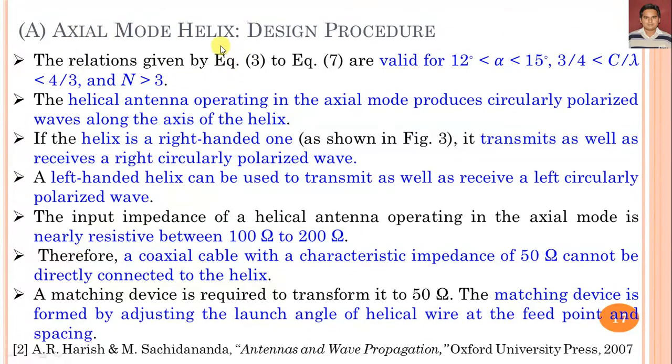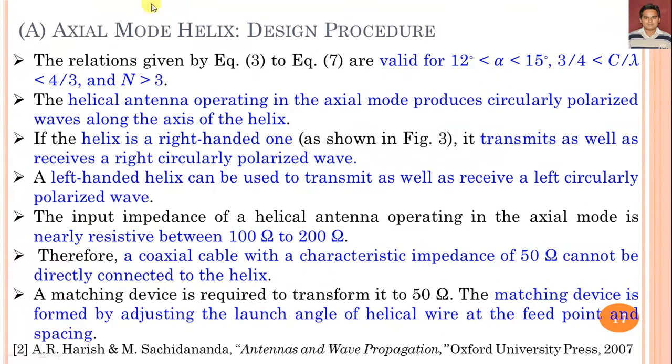The relations of equations 3 to 7 are valid, as we have discussed in the previous slide, for apex angle alpha between 12 to 15 degrees, C by lambda ratio between 3 by 4 to 4 by 3, and number of turns minimum 3, or N greater than 3.